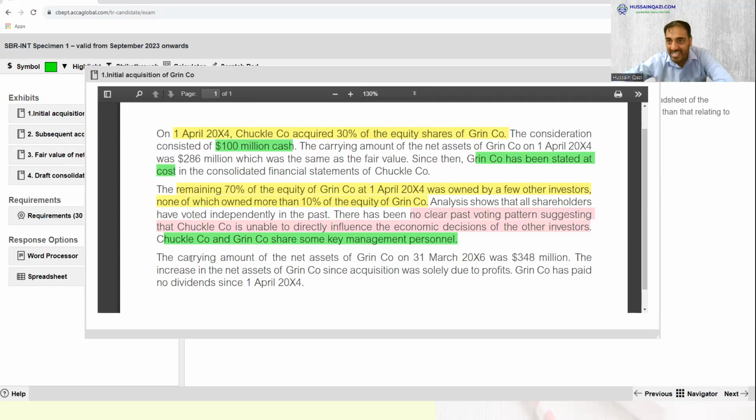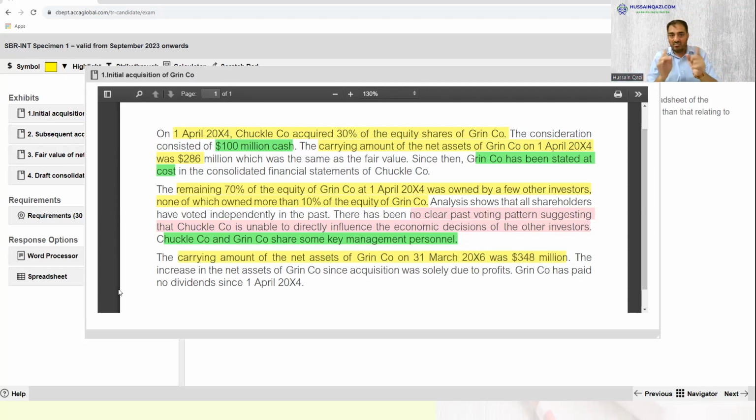The last paragraph mentions the carrying amount of net assets on 1st April X4 was 286, and the carrying amount of net assets on 31st March X6 was 348.